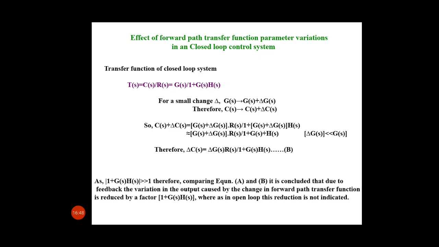So like this, feedback affects the overall gain of the system. If the feedback path is increasing, the overall gain of the system is decreasing, and if the feedback path is decreasing, then the transfer function or overall gain of the system is increasing.